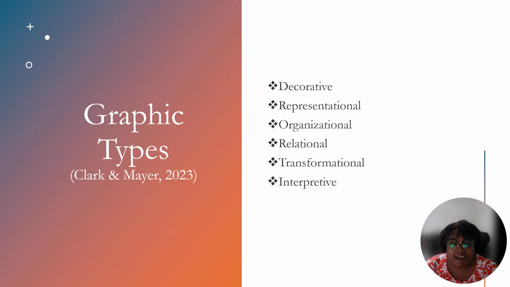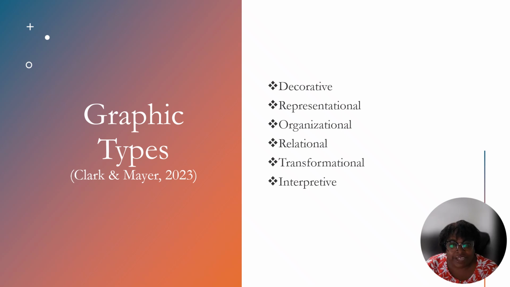Representational graphics are pictures showing what an object looks like. For example, a labeled diagram of a heart. Organizational graphics show qualitative relationships such as a concept map or a tree diagram. Relational graphics summarize quantitative relationships such as a bar graph or a pie chart.